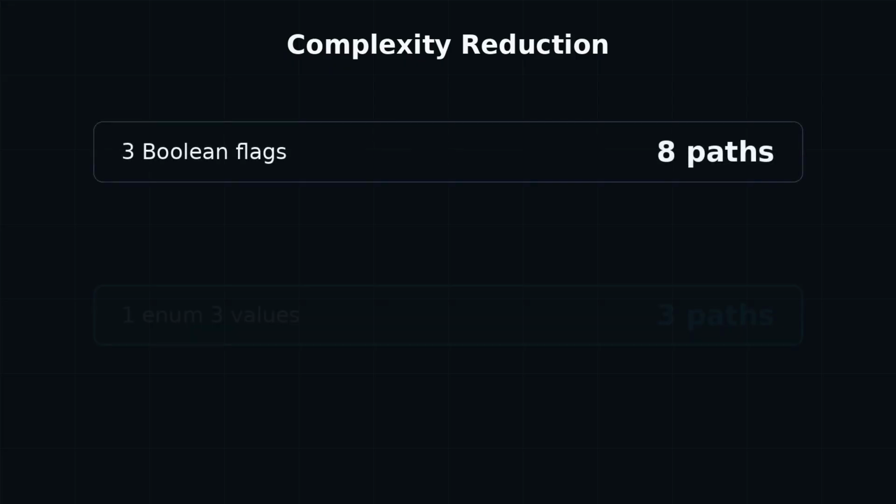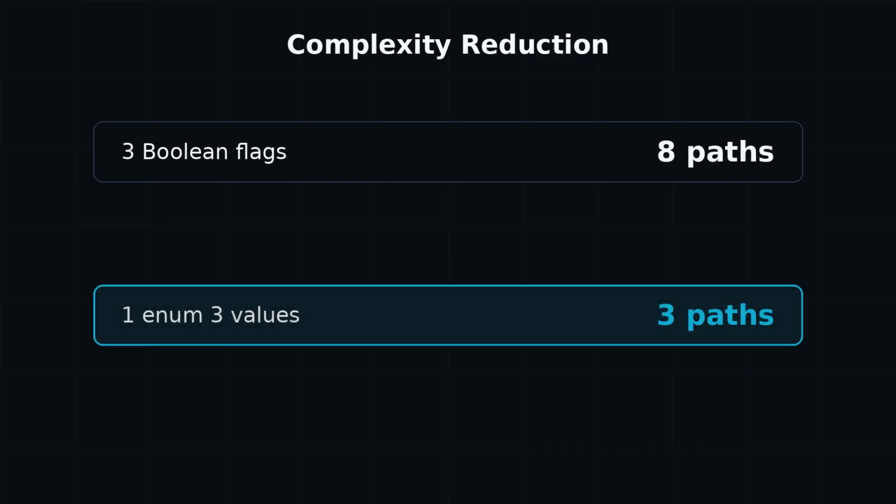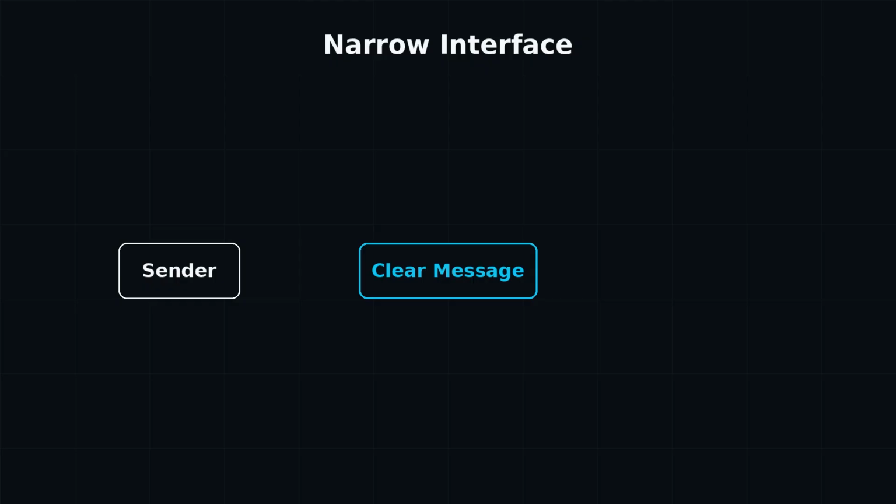Dijkstra's advice on narrow interfaces points to the real solution: don't transmit a loose bag of flags that force the receiver to reconstruct state. Instead, send a precise, self-contained message. Sometimes the best fix is not a richer type but splitting the function into 2, each with a single responsibility and no ambiguous toggles. By narrowing the interface, you shrink the state explosion curve from exponential to linear, from hidden to visible.